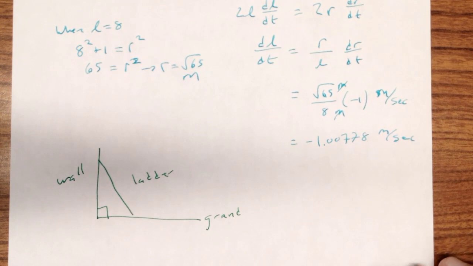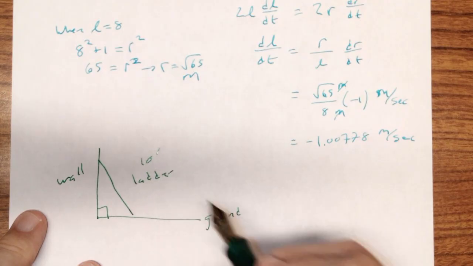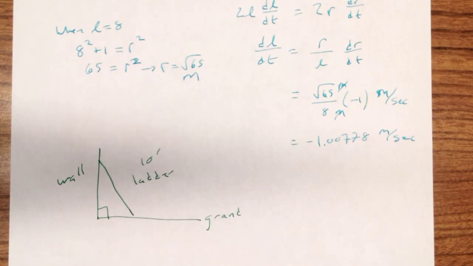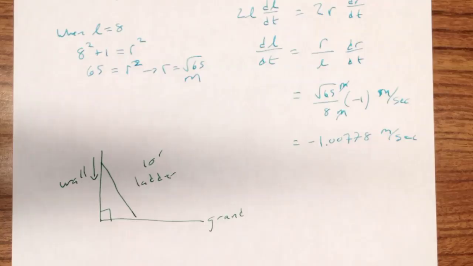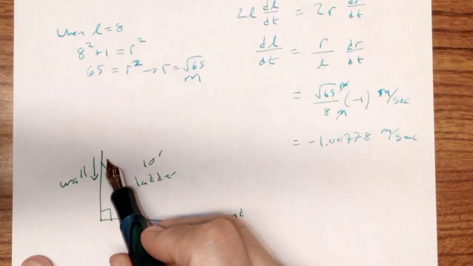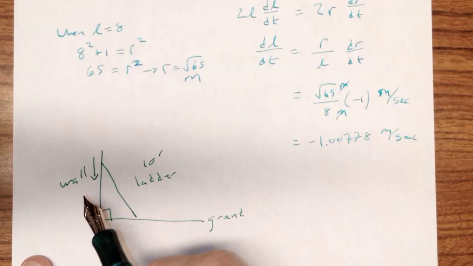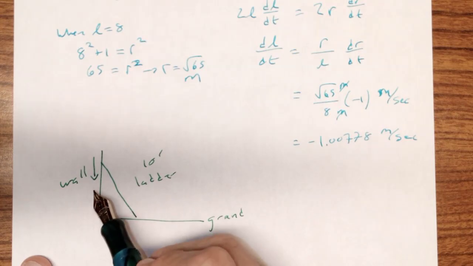And we make the assumption that this 10-foot ladder is sliding down the wall. It's falling out from under me. Oh, crap. If I'm up here, I'm going to hurt myself. How fast am I falling?